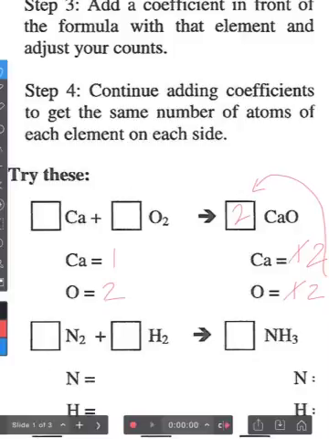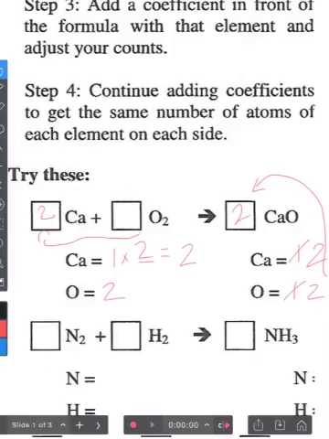Now, if you notice, we've now unbalanced the calcium. The calcium on the reaction side equals 1, but on the product side it equals 2. So we have to think to ourselves, what can we multiply 1 by to equal 2? Well, of course, it's 2. And we take that number and we put it in the coefficient spot over by the calcium.